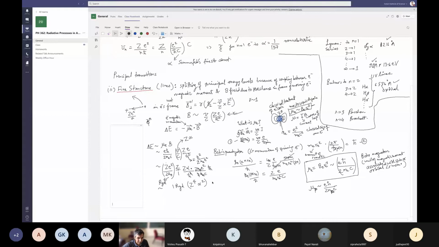So this is the energy associated with LS, spin-orbit coupling. The interaction between the electron's spin magnetic moment and the magnetic field that is experienced by it as it goes around the proton.